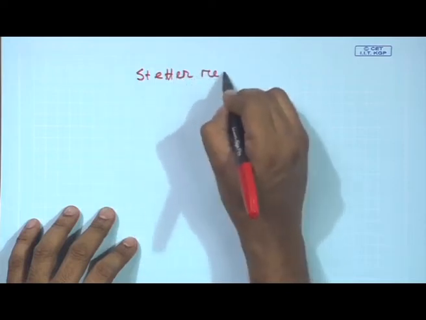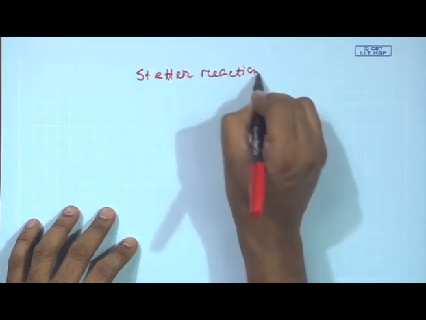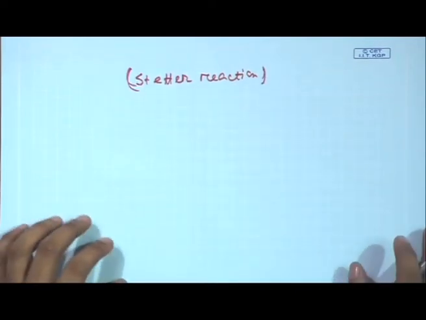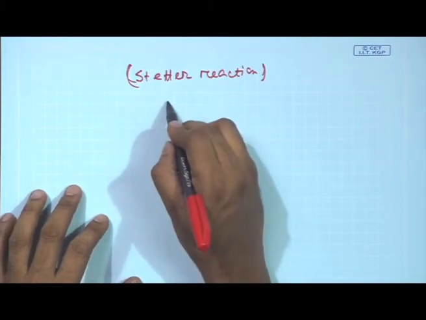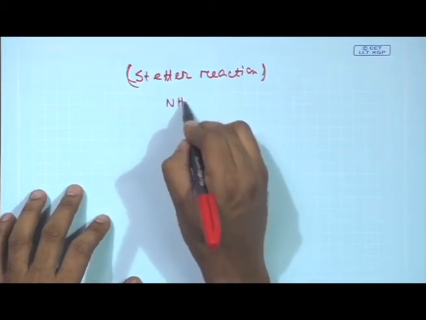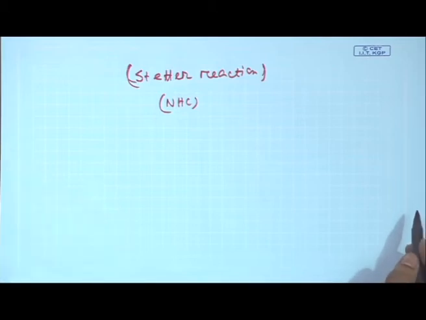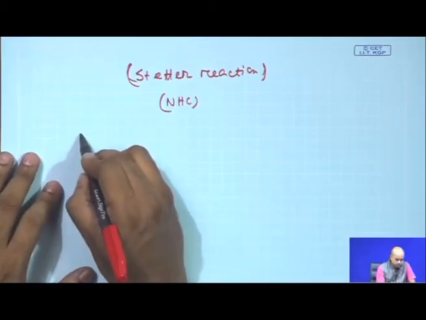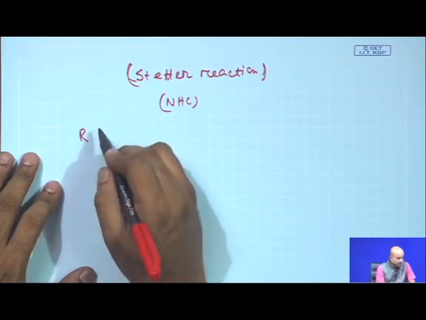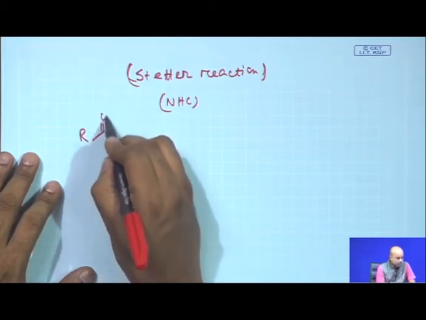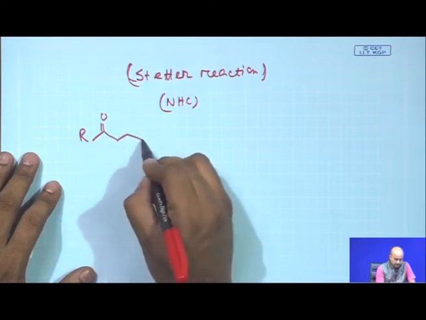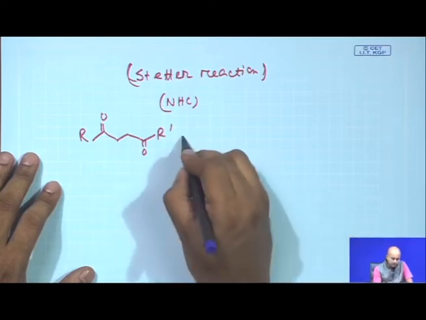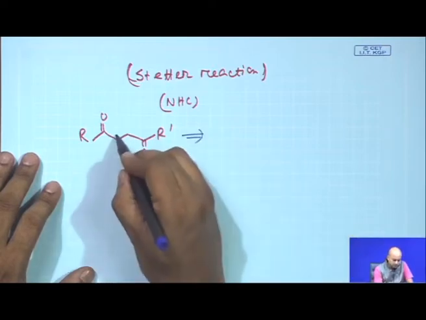Particularly, we have also discussed the Stetter reaction earlier. We said that the Stetter reaction is a synthetically very useful reaction which is catalyzed by N-heterocyclic carbenes. If you now try to do a simple disconnection of a molecule like this 1,4-dicarbonyl compound, you can easily do the disconnection followed by this.